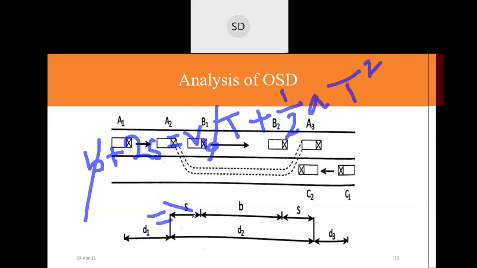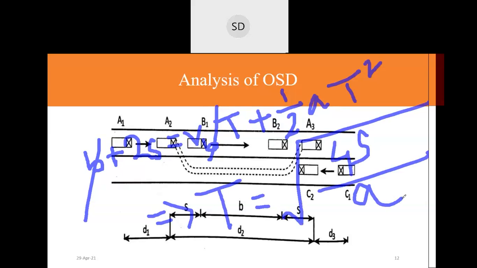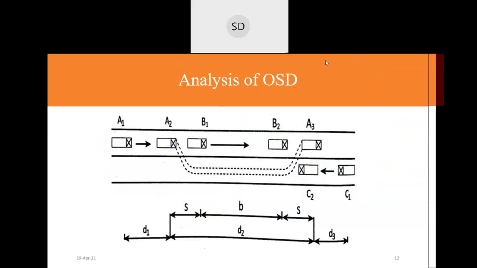From this equation, you get the value of t as root over 4s by a. Then you put all these values and get the final equation. So your overtaking sight distance is d1 plus d2 plus d3. Is it clear?